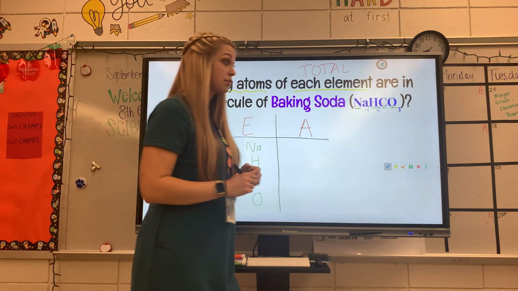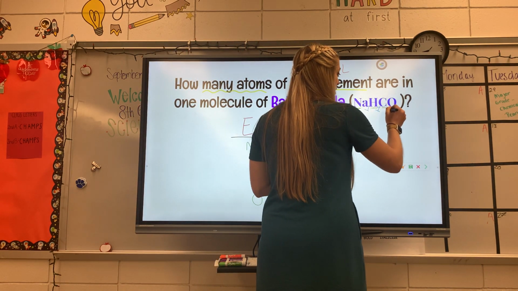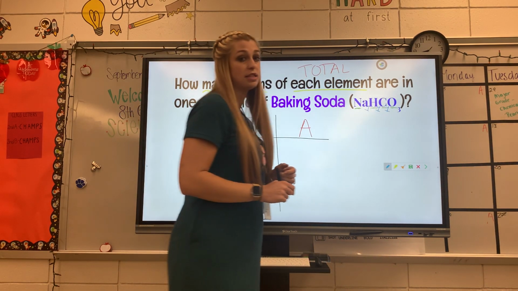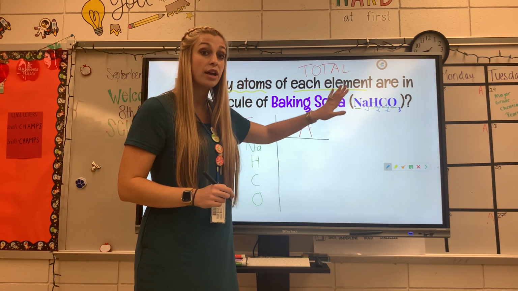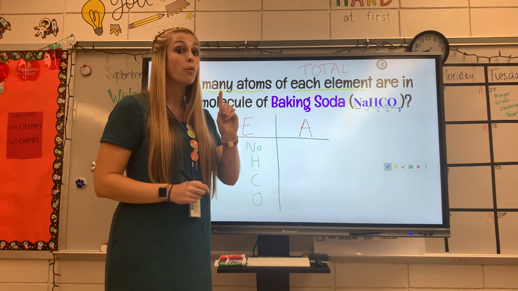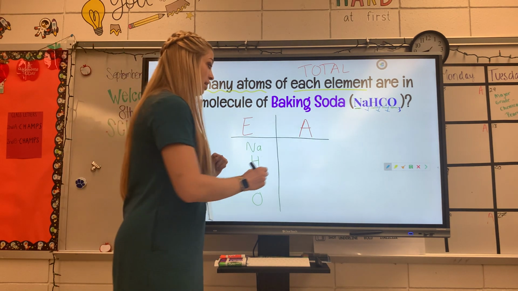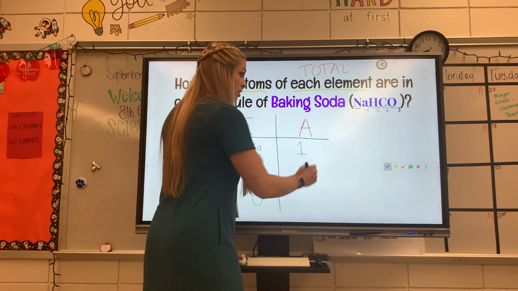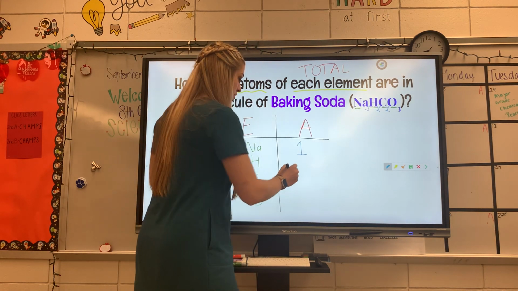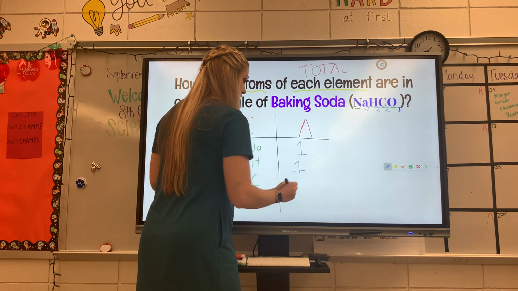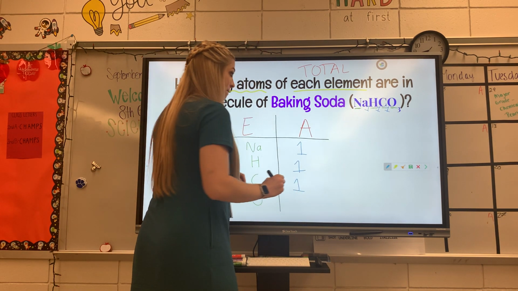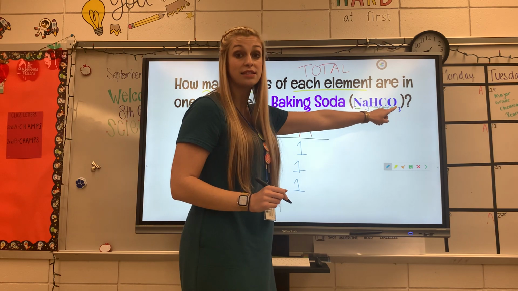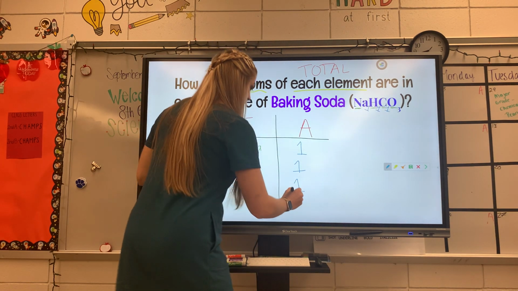C doesn't have a subscript, so I need to give it a 1. And O does have a subscript. So since there is no subscript for Na, there's automatically 1 atom of Na. Same thing for hydrogen. Same thing for carbon. And oxygen has a subscript, it's 3.